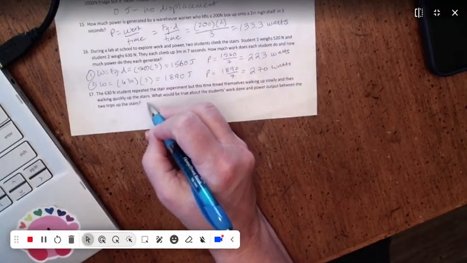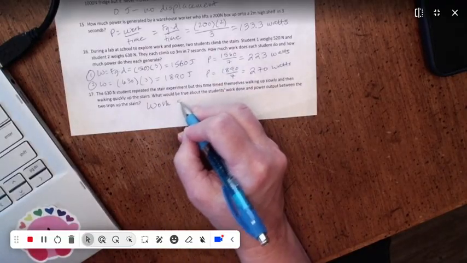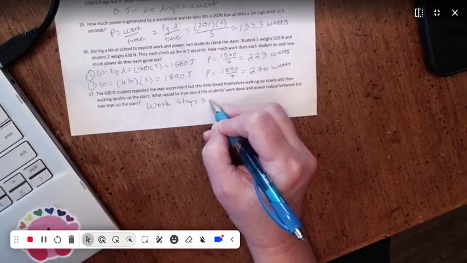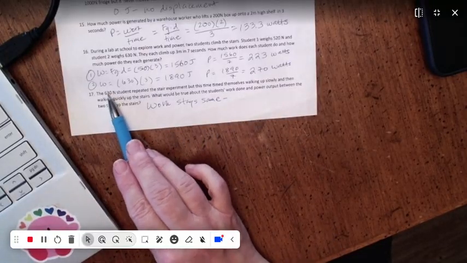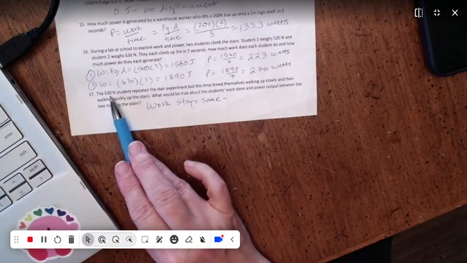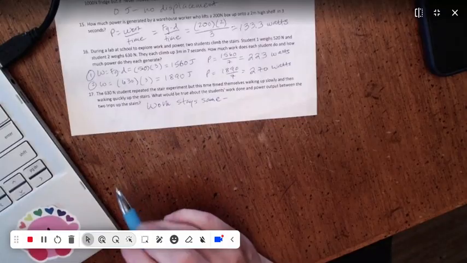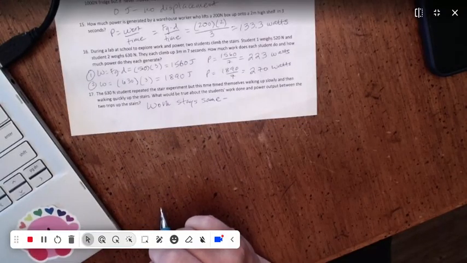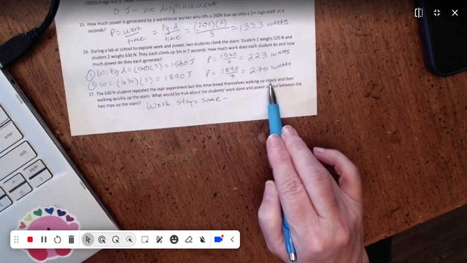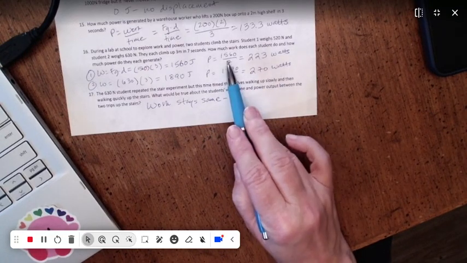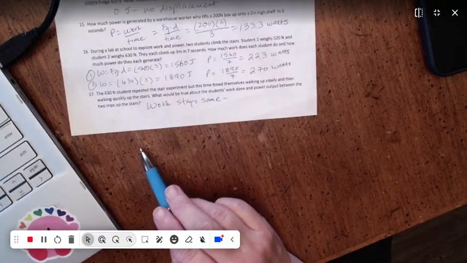Their work is going to be the same between those 2 events because they are exerting the same force each time because they have the same m times g, and they're walking up the same flight of stairs, so they're going to have the same distance. Power is going to be different because if they walk up more slowly, then they're going to have less power. You're basically dividing by a larger number here on the bottom. If you walk up quickly, you're going to have more power, okay?